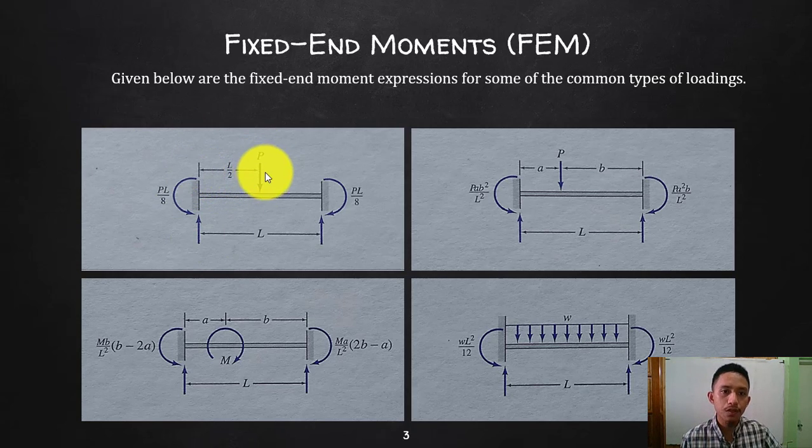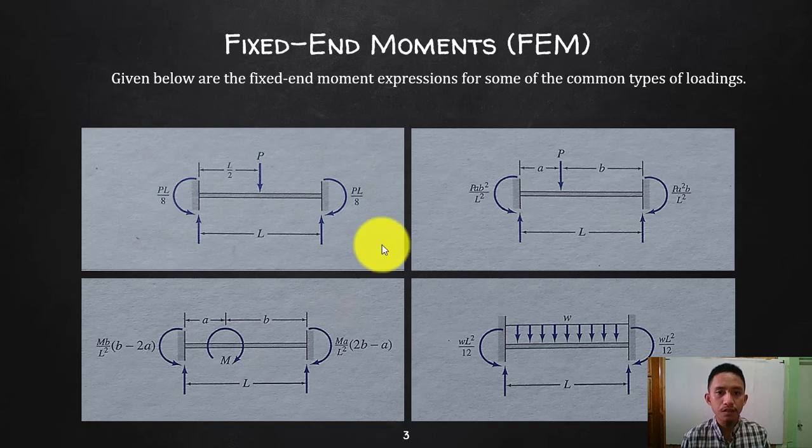But of course, if the direction of this force is the other way, going up, then the direction of your moments will be reversed also. By the way, in this slope deflection method, you need to consider a sign convention, so that we will not change the sign convention from the consistent deformation.